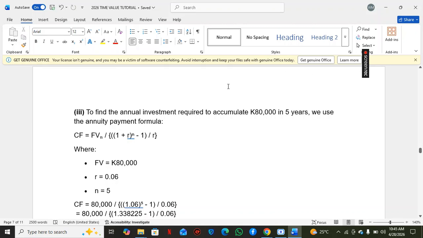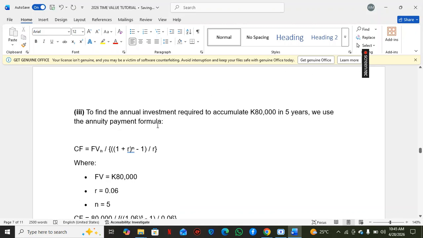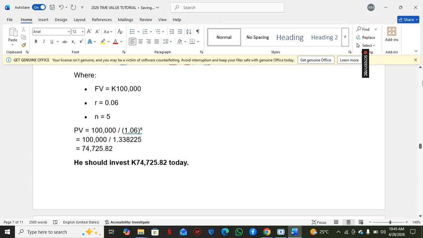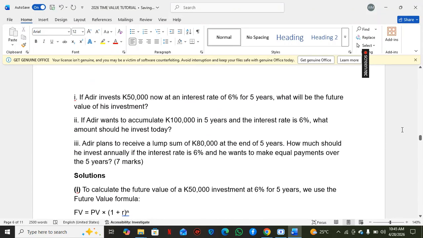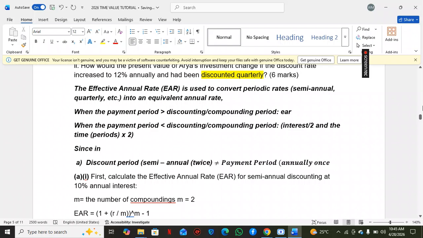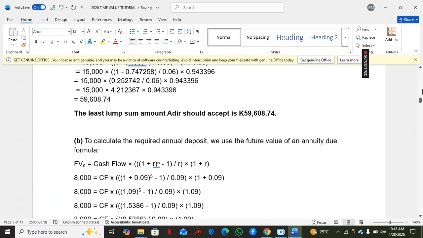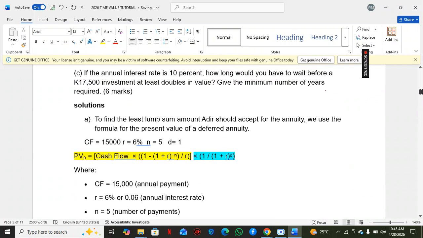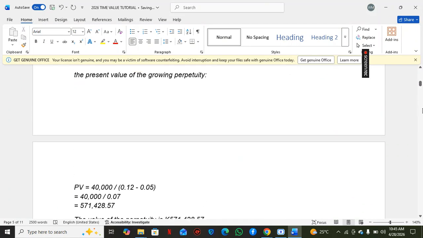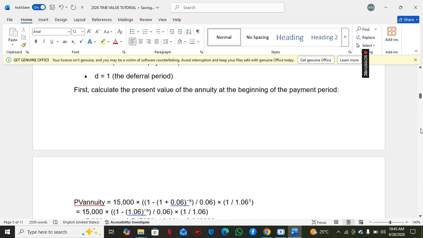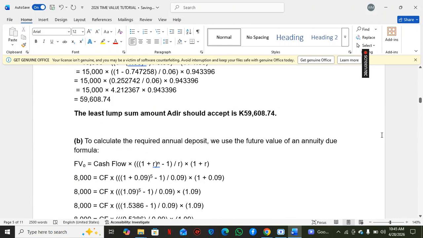Here, this was just derived from the future value of an ordinary annuity. If you remember the formula for future value of an ordinary annuity, yes, this one here.